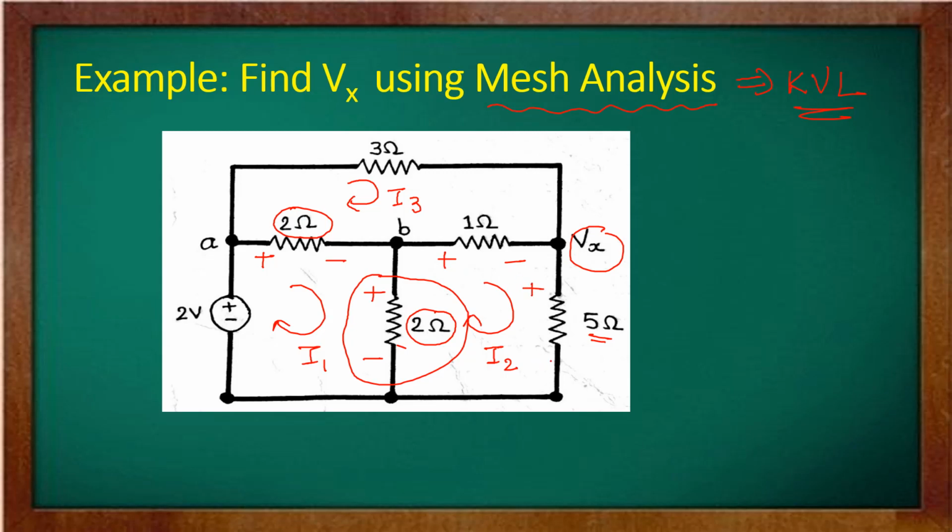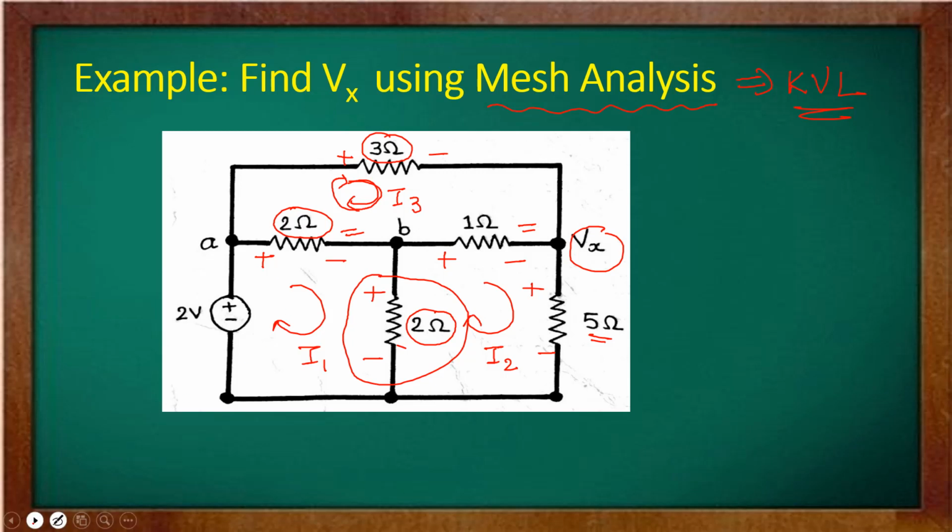Similarly, this end comes first, and this end minus. Now, for I3, the only remaining element is the 3 ohm resistor. Clockwise direction, so this end comes first. Mark plus here and negative here. I hope this polarity is understood now.